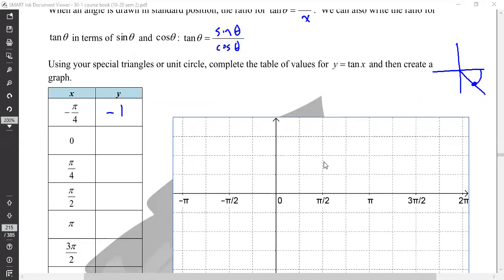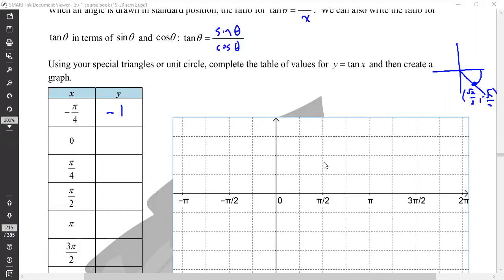It's -1 there, because the coordinates here are root 2 over 2, comma, negative root 2 over 2. So at all of the 45s, remember that the x and the y coordinates are the same quantity. The only thing that's going to be different is which is positive and which is negative. So at negative pi quarters, your y is -1.